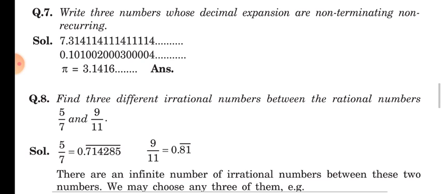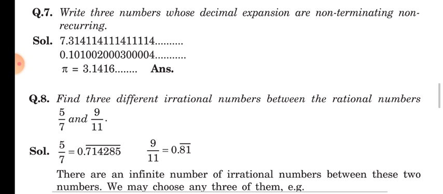And the last one, pi, we know 3.146, it continues and is not ending and non-repeating. So we had to write 3 decimal expansions which are non-terminating and non-recurring. Similarly, you can give your own examples. Just remember that none of the digits should repeat and it should not end also.